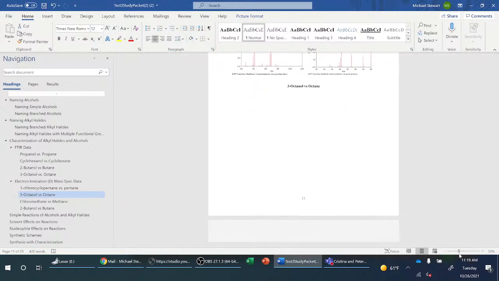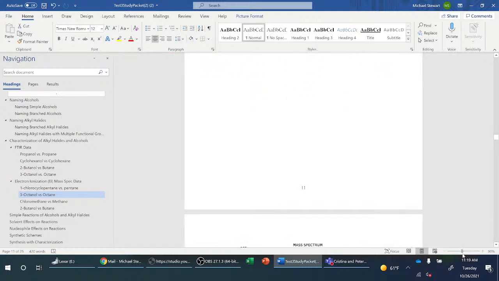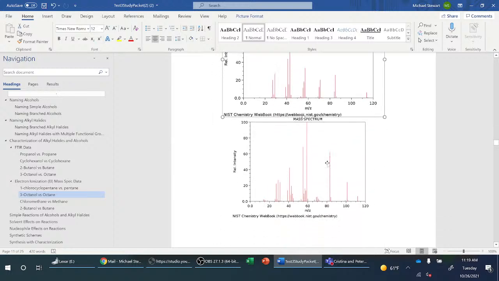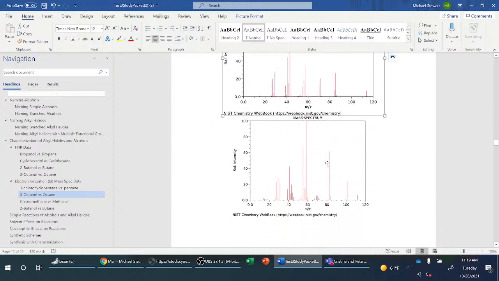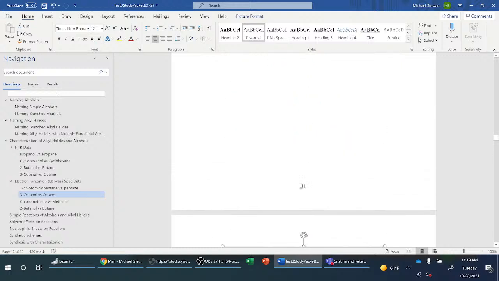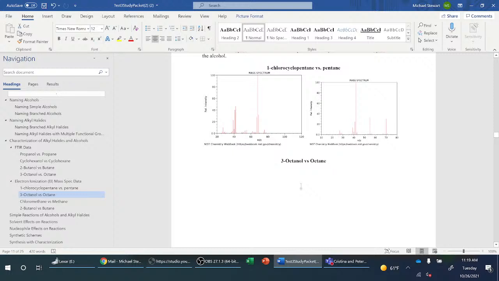In general, what you're looking for is just the one that weighs more. And again, I would say because all these peaks look shifted up relative to this one, this is probably the 3-octanol. The rest are probably a bit more obvious.